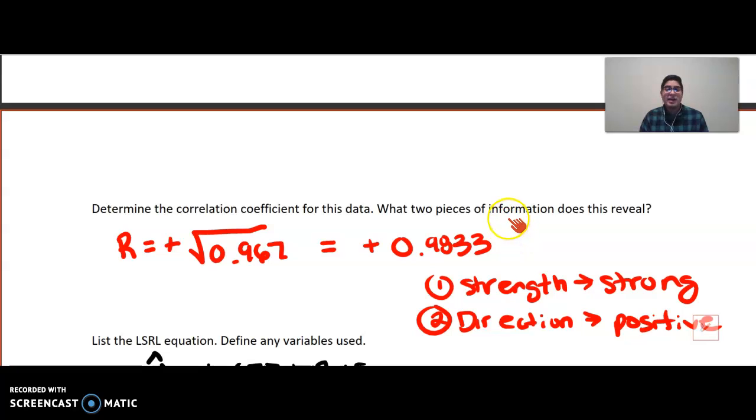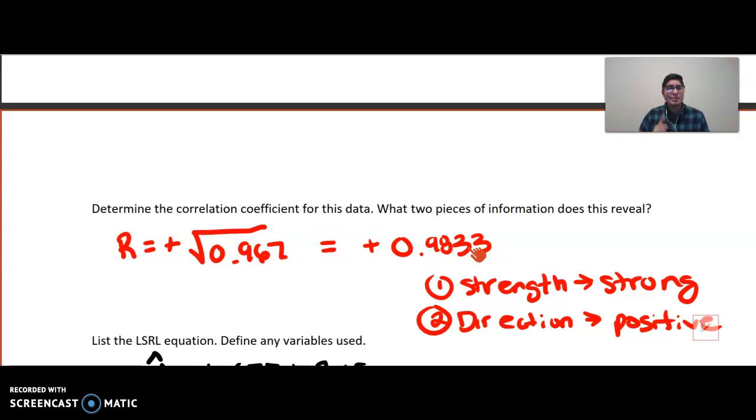Now this correlation coefficient tells me two pieces of information. One, it tells me the strength, which is the numerical value. Here, the strength is 0.9833, and we had our three categories of weak, moderate, and strong, and the cutoffs were: anything 0.5 or less was considered weak. Anything between 0.5 and 0.8 is considered moderate, and anything 0.8 and above is considered strong.